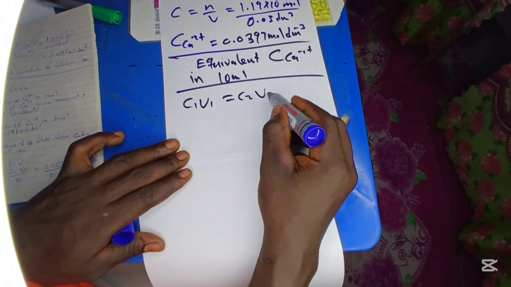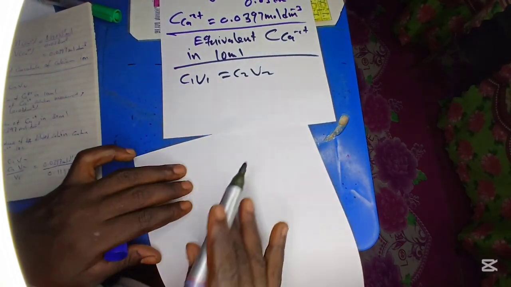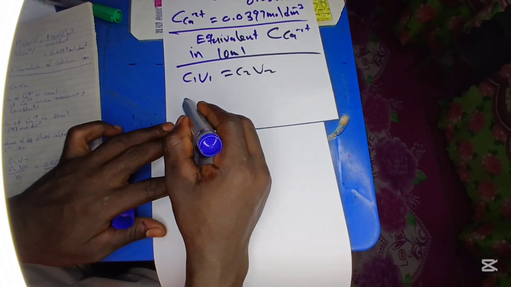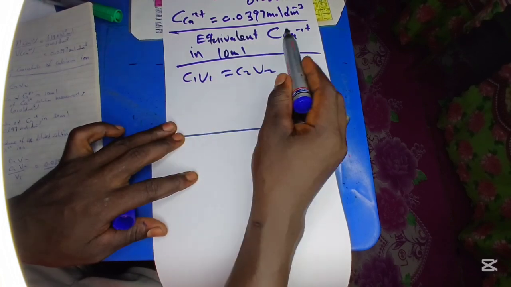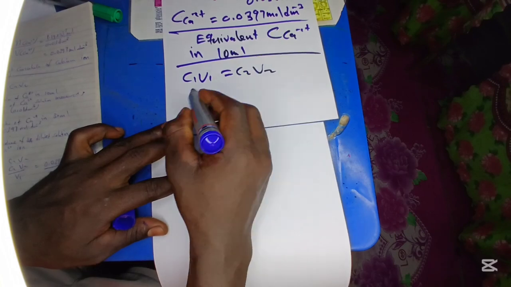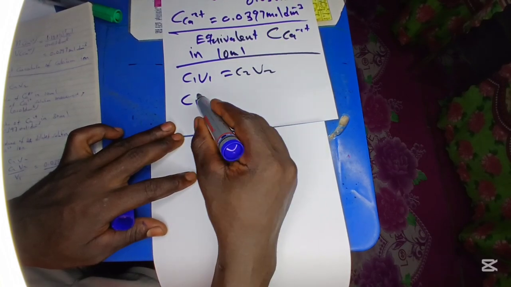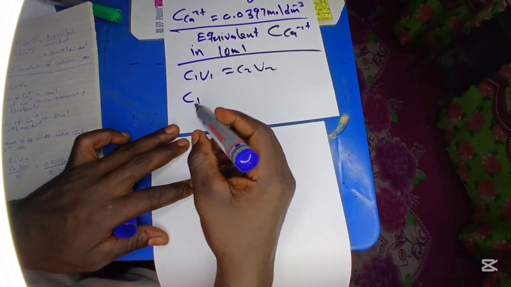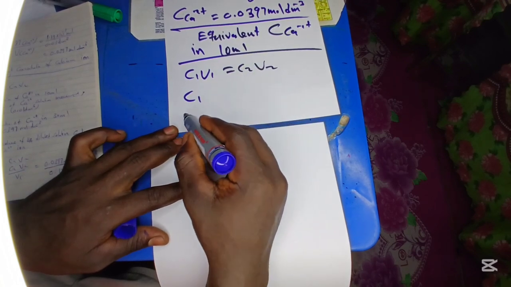C1V1 = C2V2. So, assuming the concentration of Ca2+ ion in the 10 ml is C1 and the volume of the solution in the 10 ml is V1.